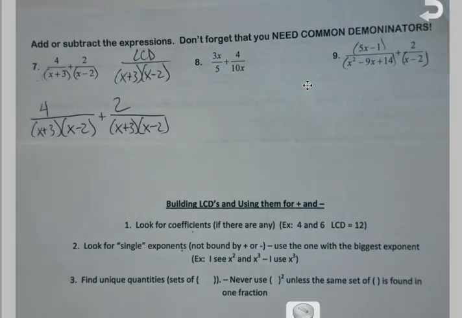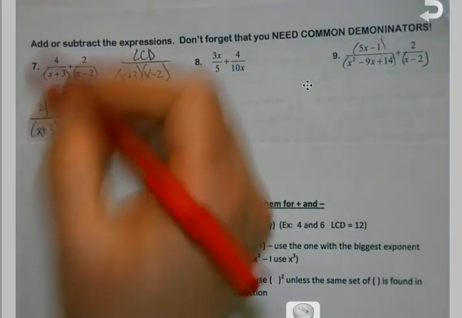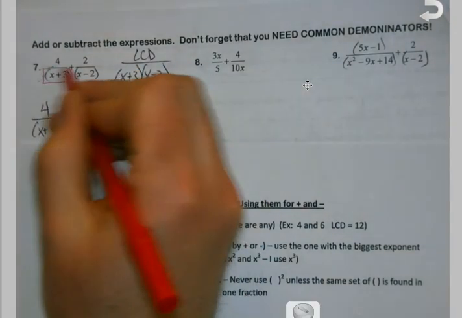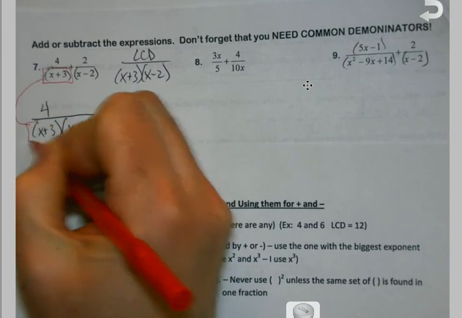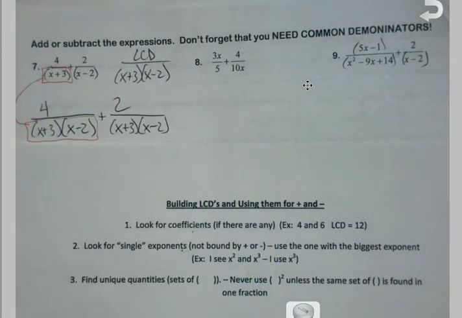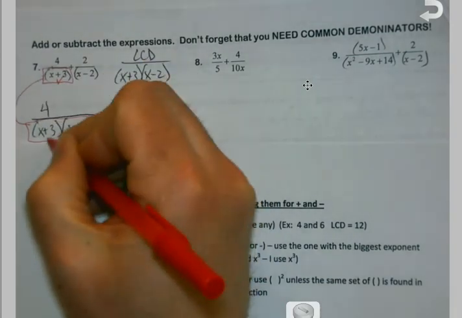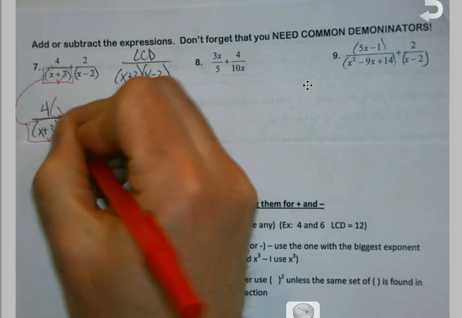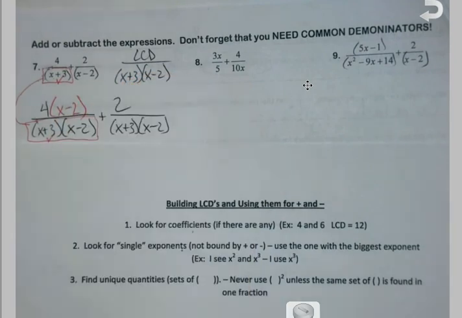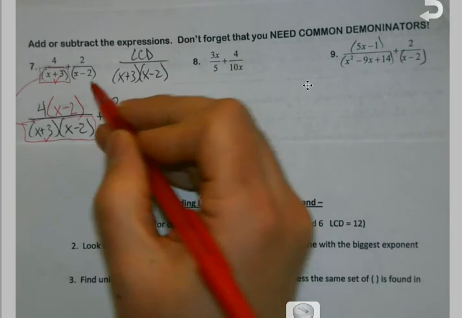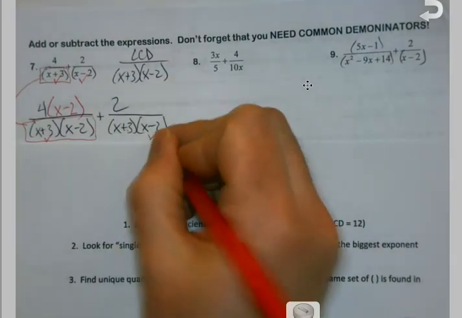And again, like we did before, my goal is to see what do I need to get from here to here. Well, I already have the x plus 3. I still need the x minus 2. Over here, I already have the x minus 2.